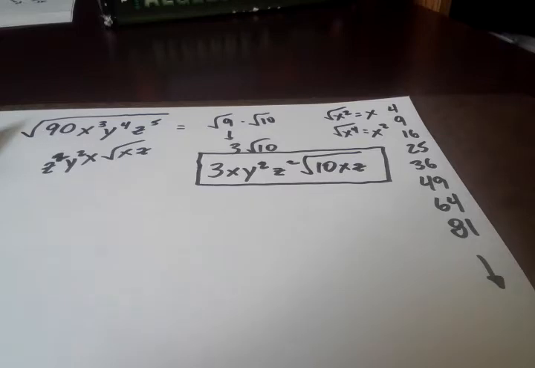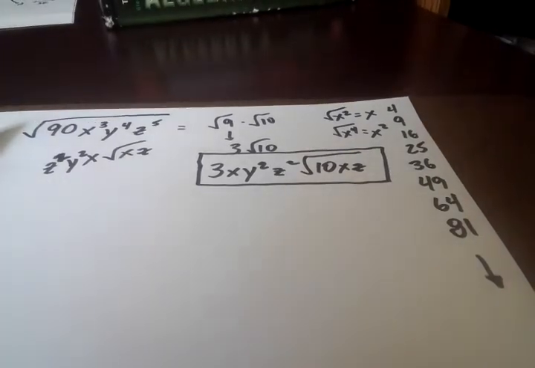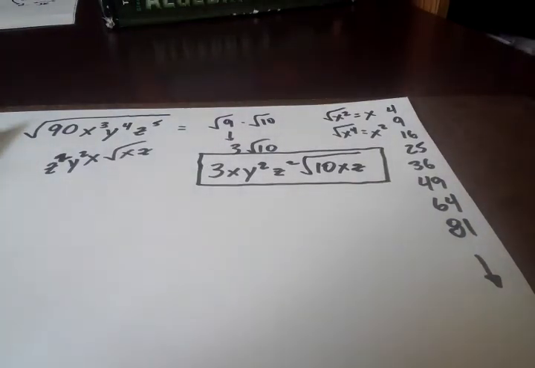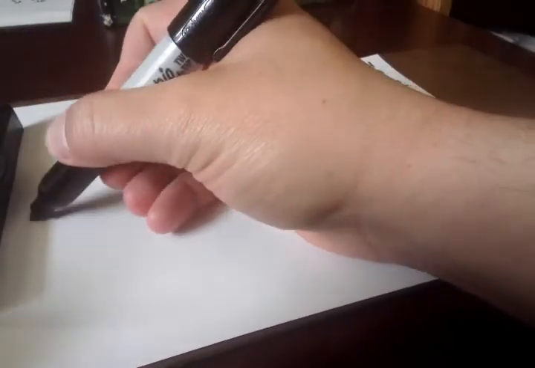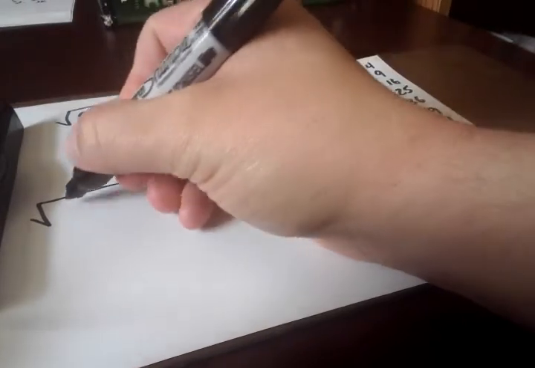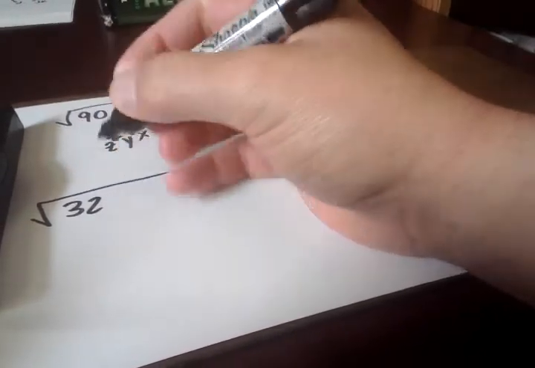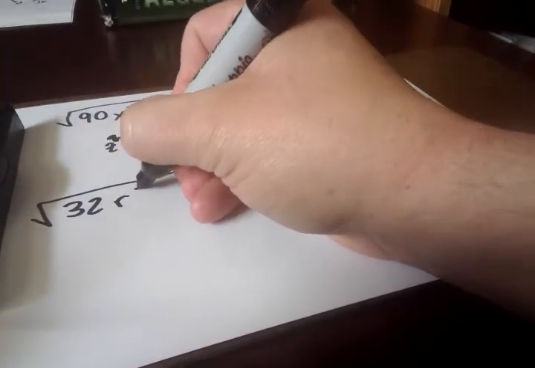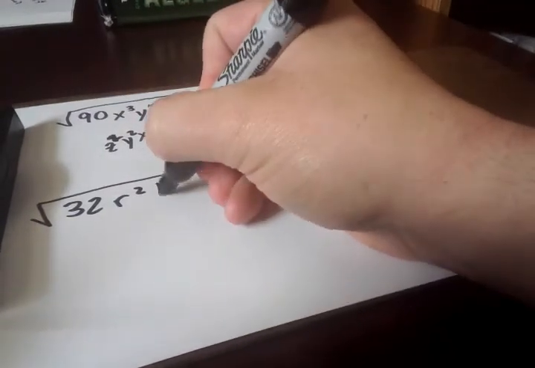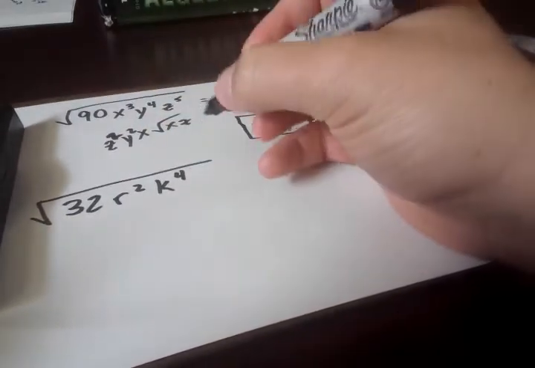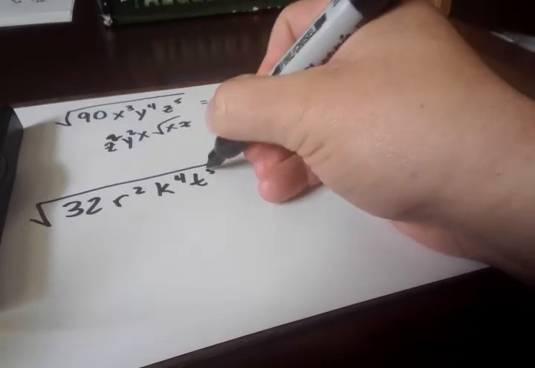Okay, let's look at the guided practice. How about 3A down there? I've got a radical 32 r squared k to the fourth and t to the fifth.